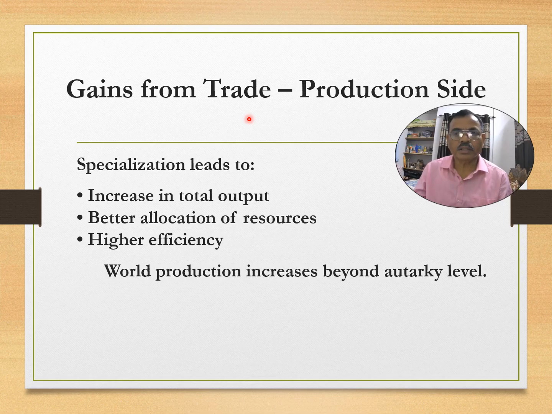When each country concentrates on producing the good in which it has comparative advantage, resources are allocated more efficiently. As a result, world production of both goods increases compared to the autarky situation, that is, the closed situation.